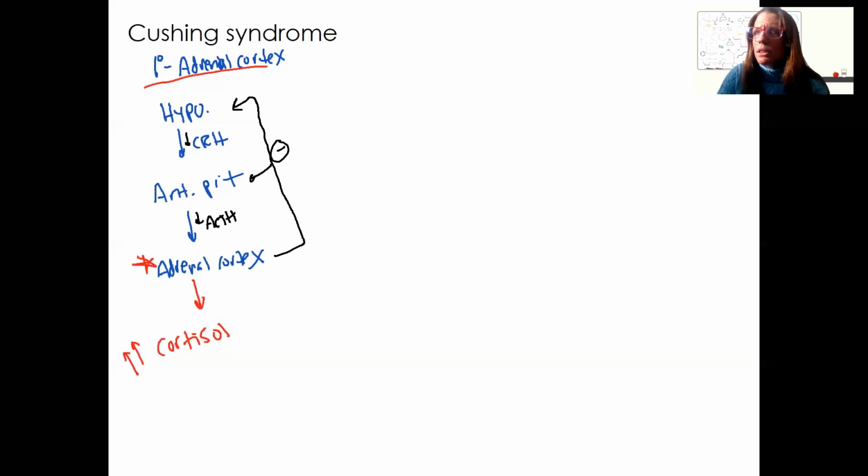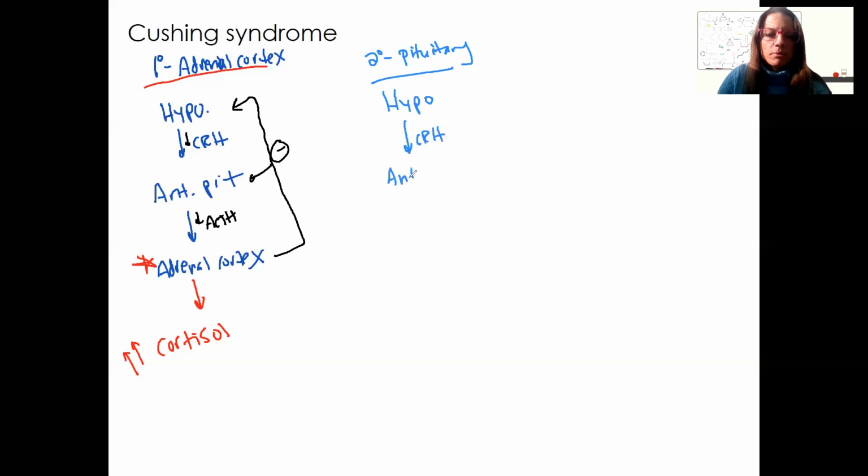Okay, let's do secondary. So secondary Cushing syndrome is due to a problem in the pituitary. So in this case, we've still got the same structures. Let's not forget ACTH.